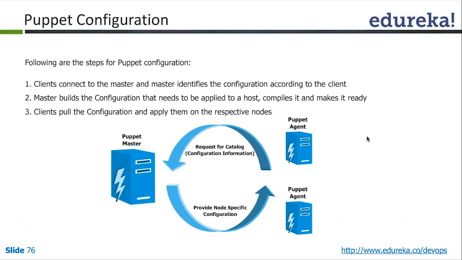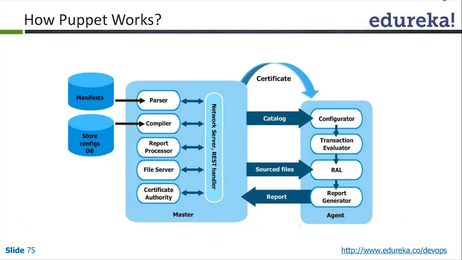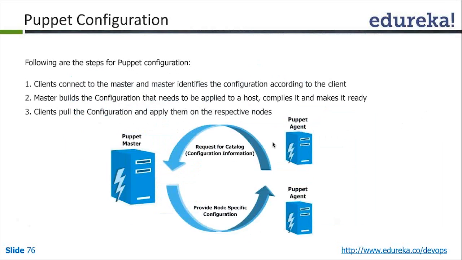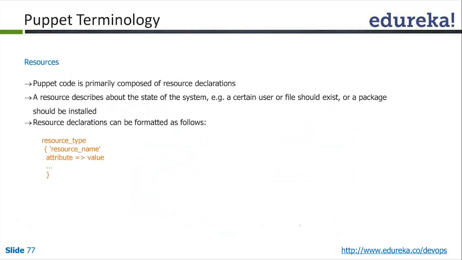That is how the whole process works. All these declarations and configurations are in normal text format, which makes it easy to edit. So resources: the Puppet code is primarily composed of resource declarations.